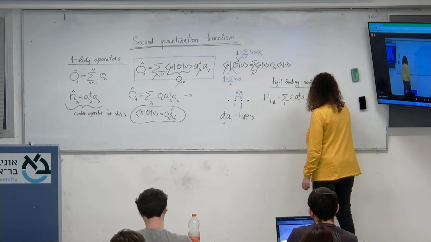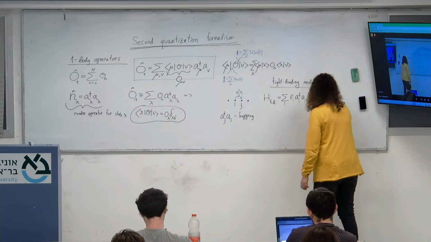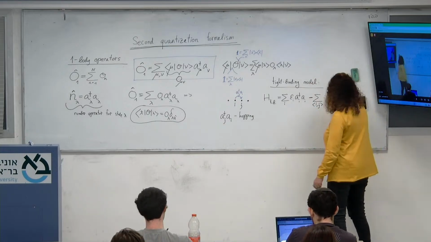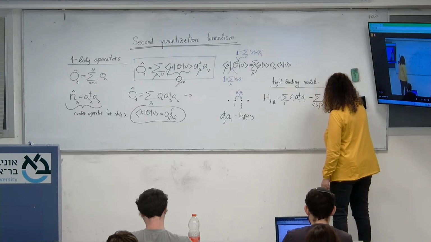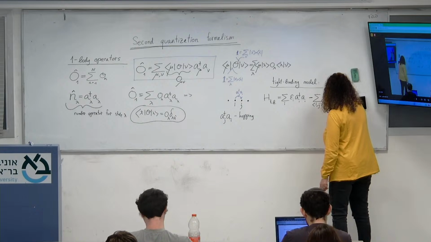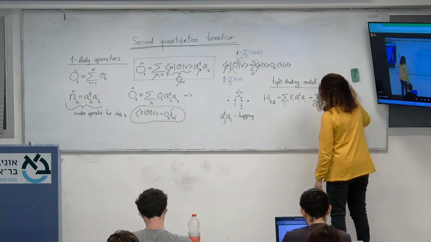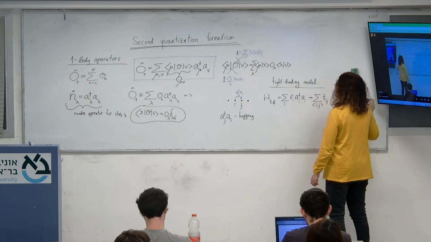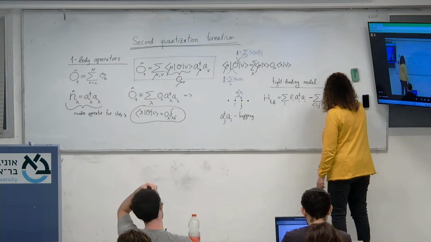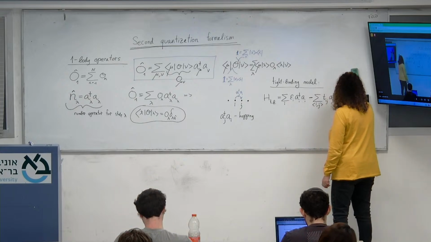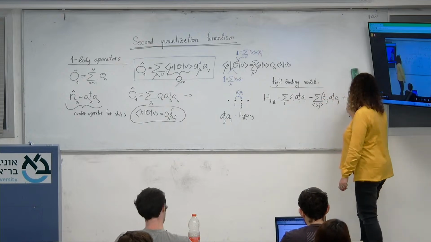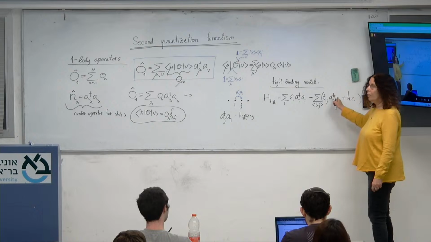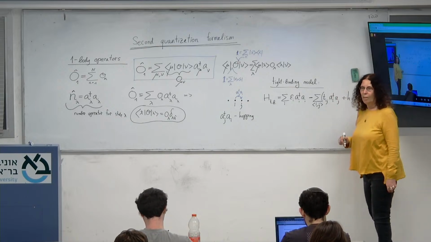Plus, and this is where the hopping comes in, in the tight binding approximation you sum over nearest neighbors I and J, with some hopping T_IJ a_I^dagger a_J plus its Hermitian conjugate, T_JI a_J^dagger a_I.